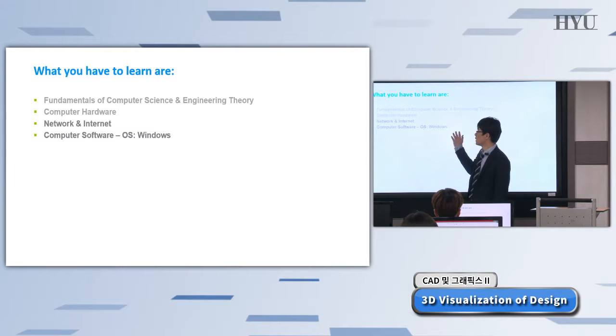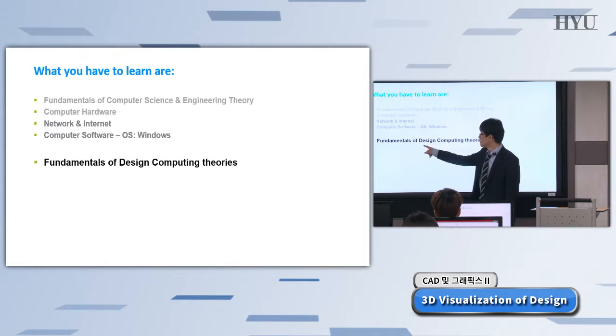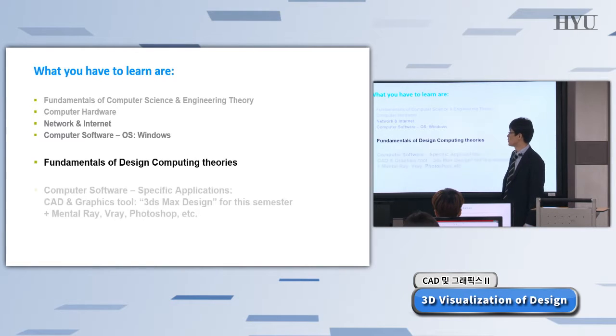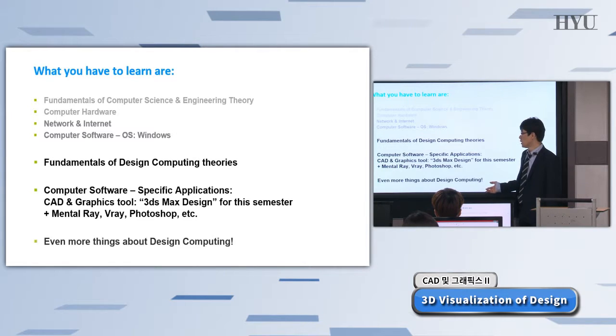If you don't know this kind of thing, it's not easy to achieve efficiency or productivity in your design computing work. Fundamentals of design computing theories, we're going to deal with in my lecture hours, the rest of the lectures. This is the main subject, specific applications. For example, 3D Max design, mental ray, V-Ray, Photoshop, or animation making, and so on, okay?